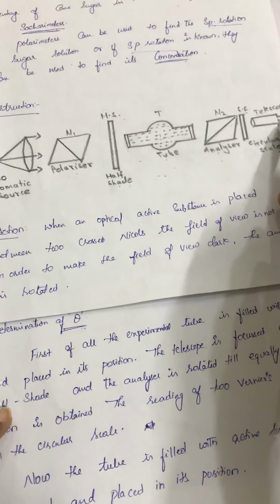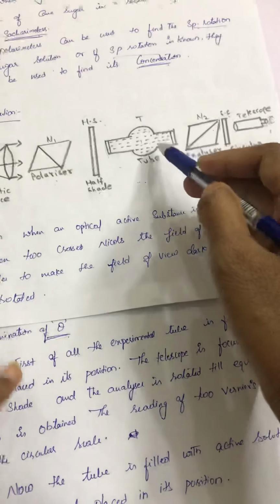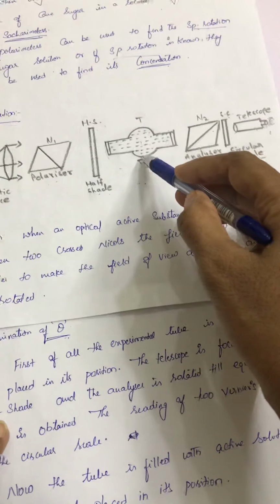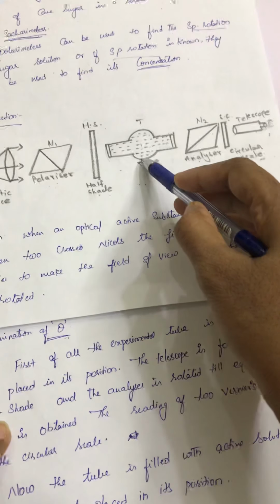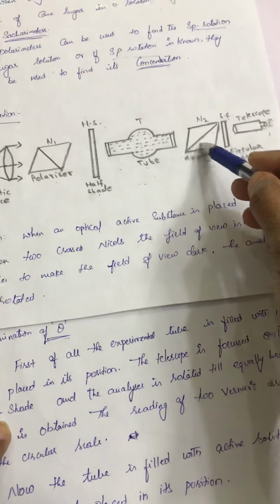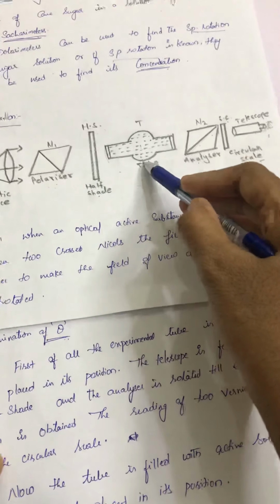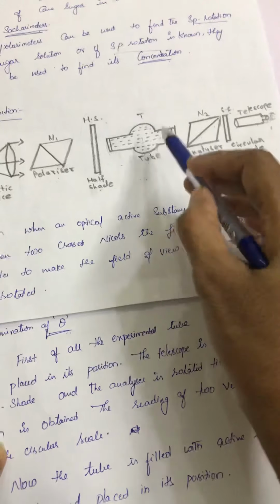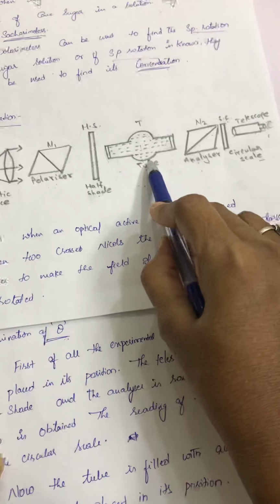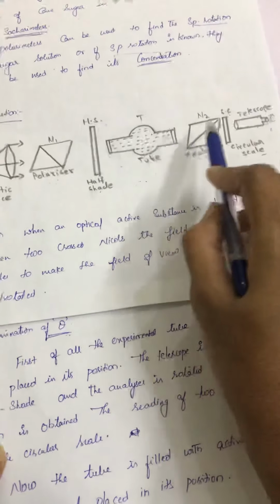Now the telescope is focused on the half shade polarimeter, and the analyzer is rotated till an equally bright position is obtained, right? First we have to fill this with water and focus the telescope.